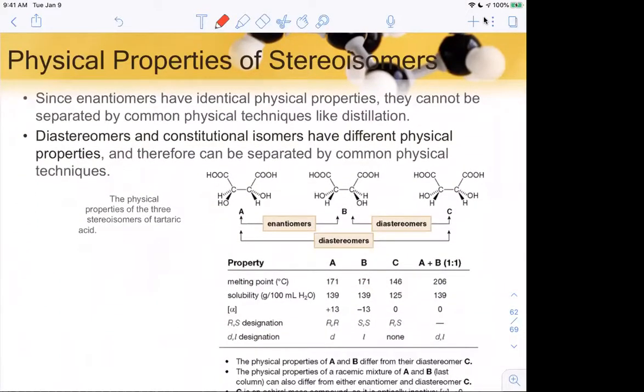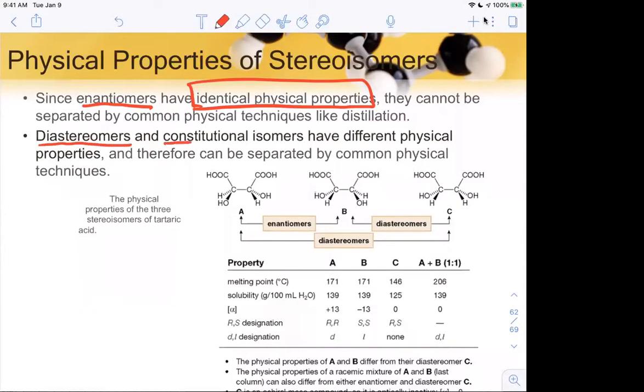This is really important if I have compounds that are enantiomers versus diastereomers. Enantiomers have identical physical properties. They cannot be separated using regular common physical techniques like distillation.